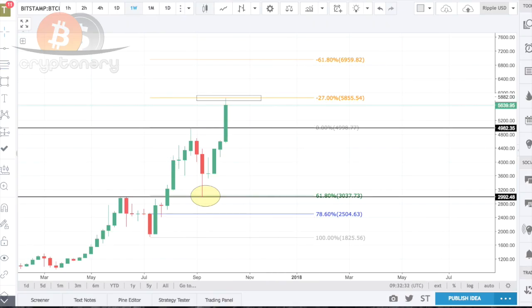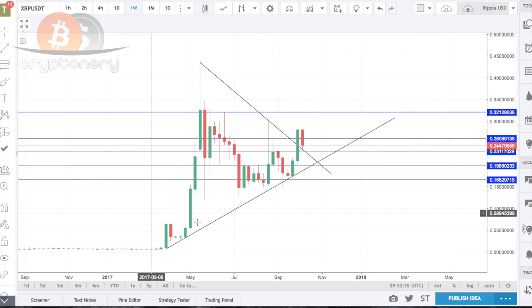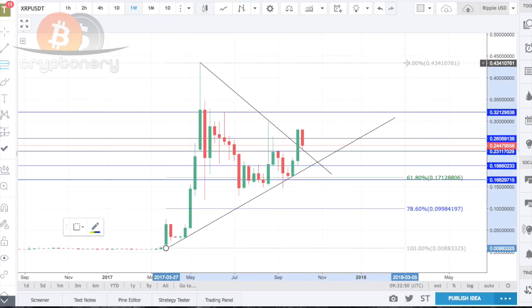So if we go to the XRP chart, again, one of my favorites, when we were anticipating a fall from the all-time high, we already knew the 78.6 or the 60 would be hit at some point. So what we've done is we draw the tool from the bottom to the absolute top.